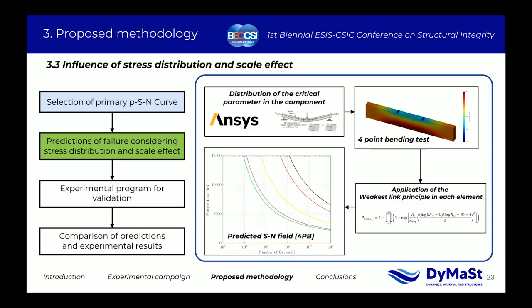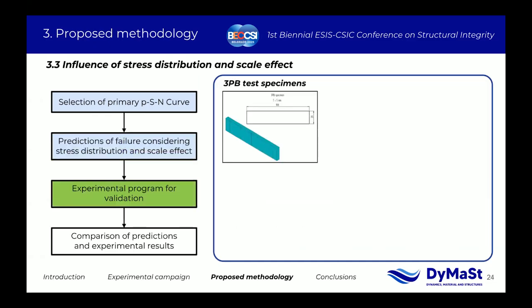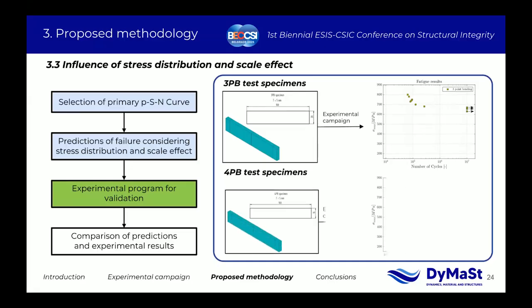For the 4-point bending test, the methodology is always the same, and I put here the finite element model because I think it's more illustrative, as it's the most general approach that we can use. I'm going to show you now the experimental results that we have already introduced for the 3-point and the 4-point bending tests.